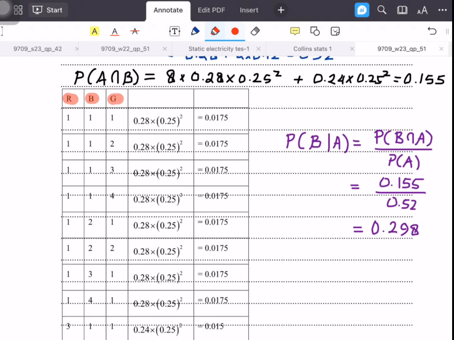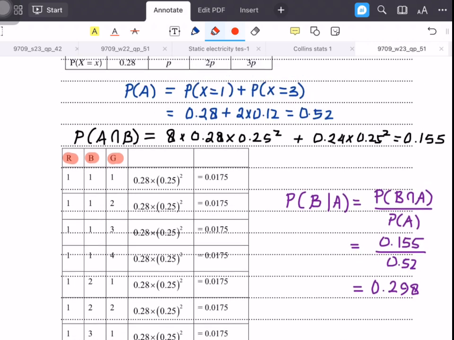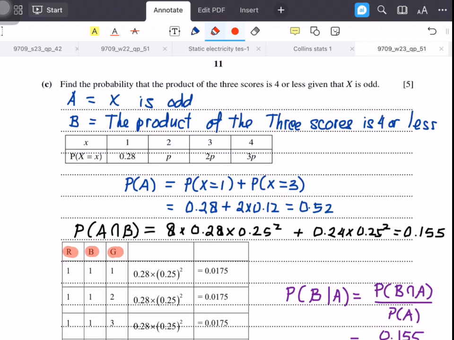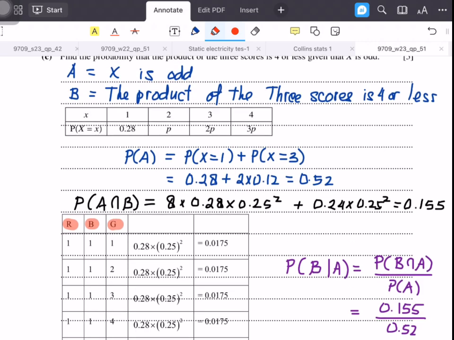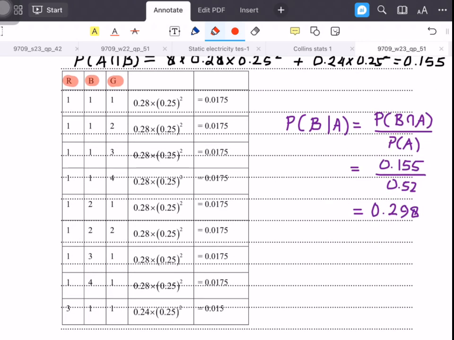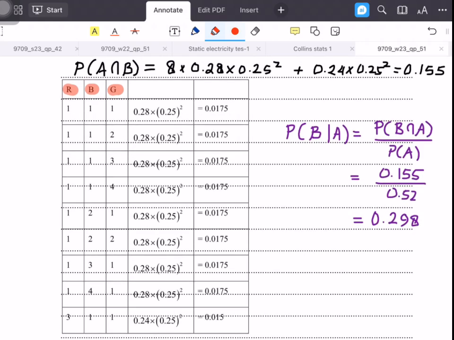So for P(A and B), the product of the three scores is 4 or less, and X is odd, can be seen in this table. It can be 1, 1, 1 up to 3, 1, 1. This table also lists their respective probabilities.